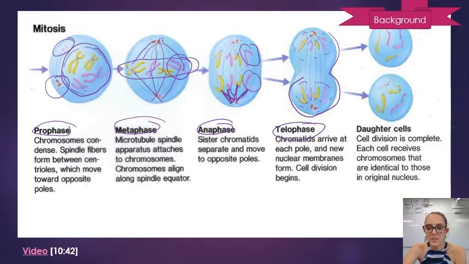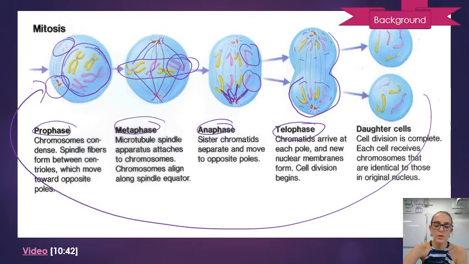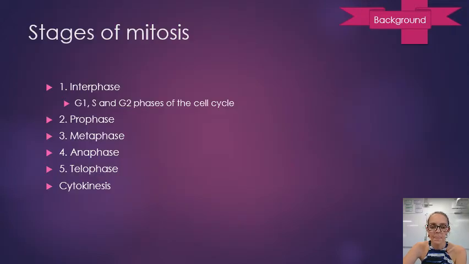In cytokinesis, we've got 2 newly formed cells, and they're going to go back to their original state, and again they can come back around and start this process again when they're ready for their next round of division. There is a video that you can watch on this to summarize those phases. So we will go through these in a little bit more detail now so that you can see what's happening here.